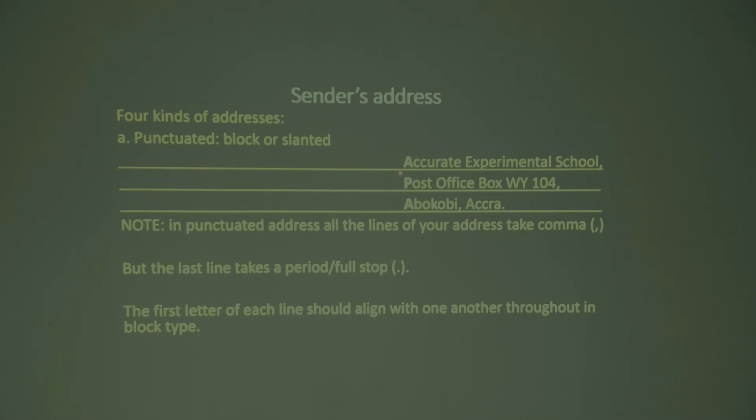The next line, Post Office, starts with P. You see that it's in line with A. And then the next one, the first letter of Abokobi is A, so it also aligns. Do you get that? Good. So this is what we mean by it being aligned.